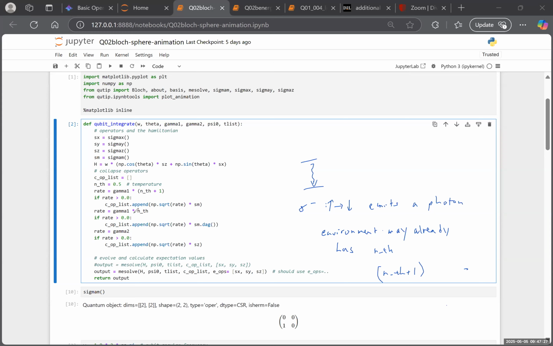But you could also have absorption from the thermal state, and then you would use this process, sigma plus, right? So for the atom, this is sigma minus here, and it will emit a photon.